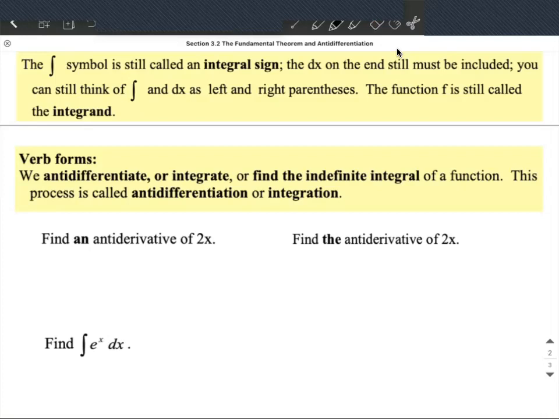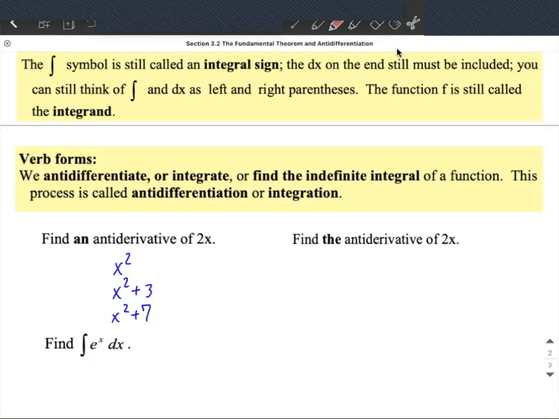Now to finish up this video, as you can see here, we have two different questions. We want to find an antiderivative of 2x. So that's what we did up above, where we said, well, x squared or x squared plus 3 or x squared plus 7, all of those work as an antiderivative of 2x. Any one of those would be a correct answer to this question.